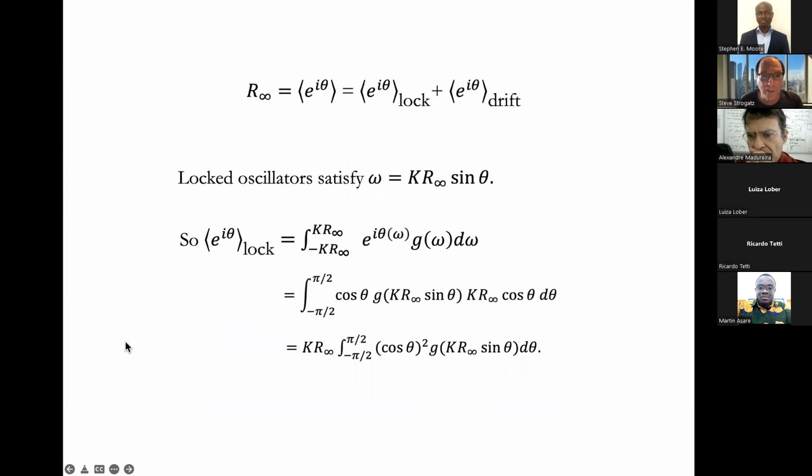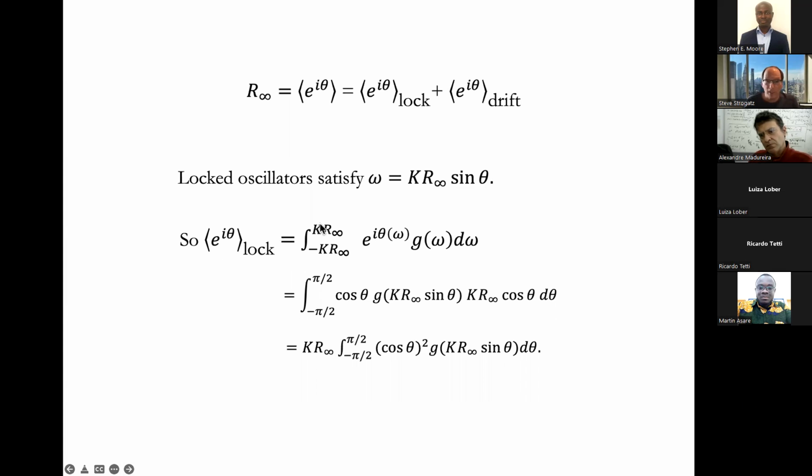So here's the calculation. The order parameter, we said, is the average of the e to the i thetas. That average gets a contribution from locked oscillators in the middle of the frequency distribution and from the drifting oscillators in the tails. Now, the locked oscillators are the ones that make theta dot equals 0, which would correspond to this equation. And so then he calculates this average e to the i theta.